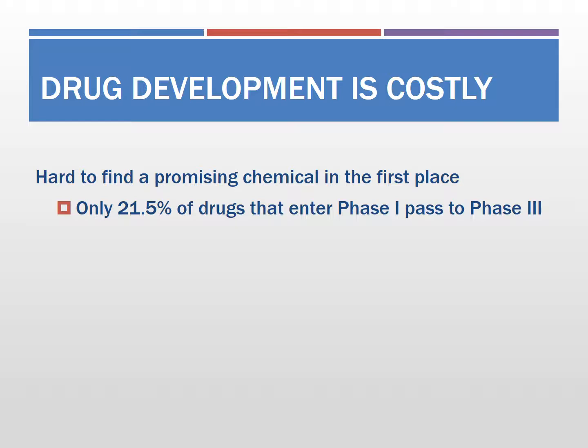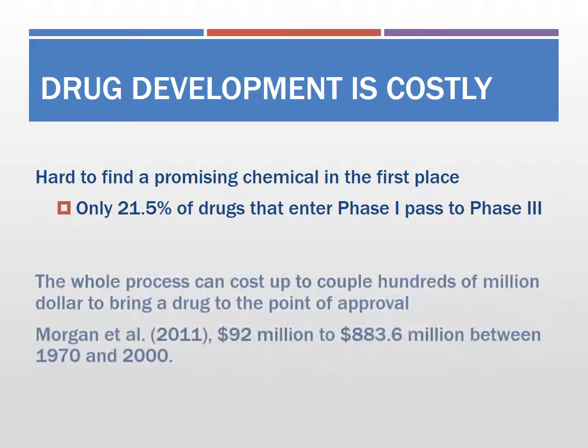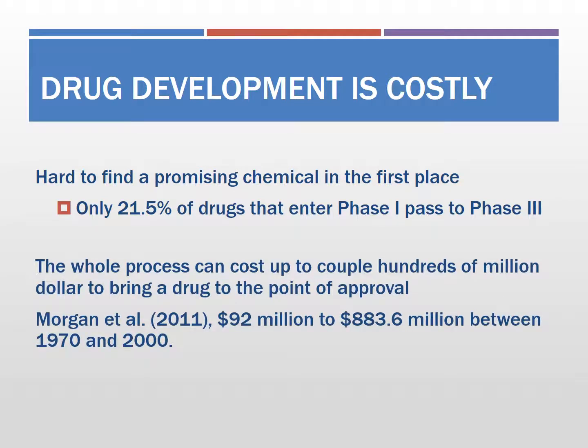The success rate for new chemical compounds to pass through human trials is very difficult. Not only that, the whole process involves hundreds of millions of dollars to get to the point where the FDA might approve the drug to launch. According to Morgan et al.